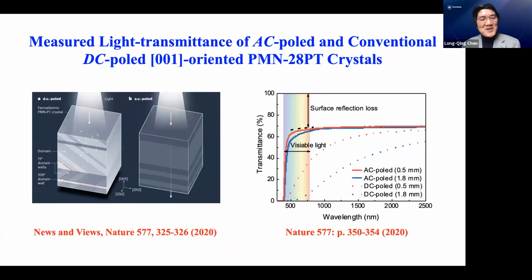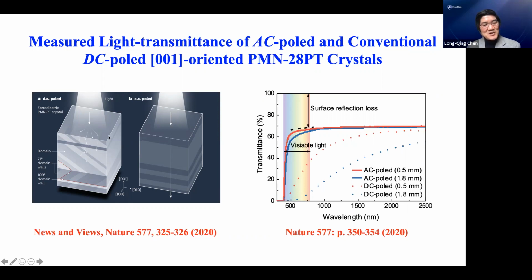So what happened is, as I mentioned, the way they behave in terms of the 71-degree domain walls and 109-degree domain walls, it turns out those AC pole crystals not only have higher piezoelectricity, even more than 30% higher, but also the light can go right through, because the horizontal walls let the light go through, but the 71-degree domain walls will reflect.